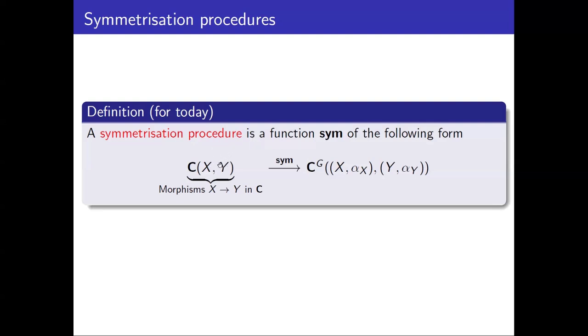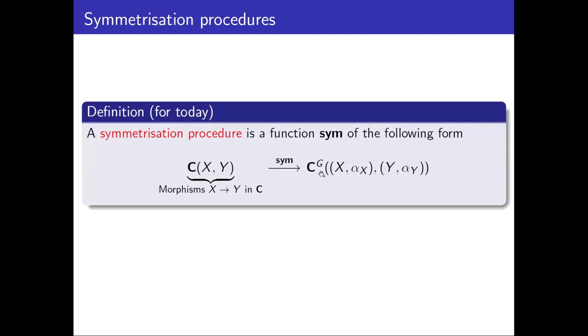The symmetrisation procedure takes as input one of these and produces as output a morphism from this thing to this thing in CG. If you remember what the morphisms of CG are, these are morphisms that are equivariant with respect to alpha X and alpha Y. So this is a function that takes as input an unconstrained Markov kernel and basically upgrades it to become equivariant with respect to these specific actions here.